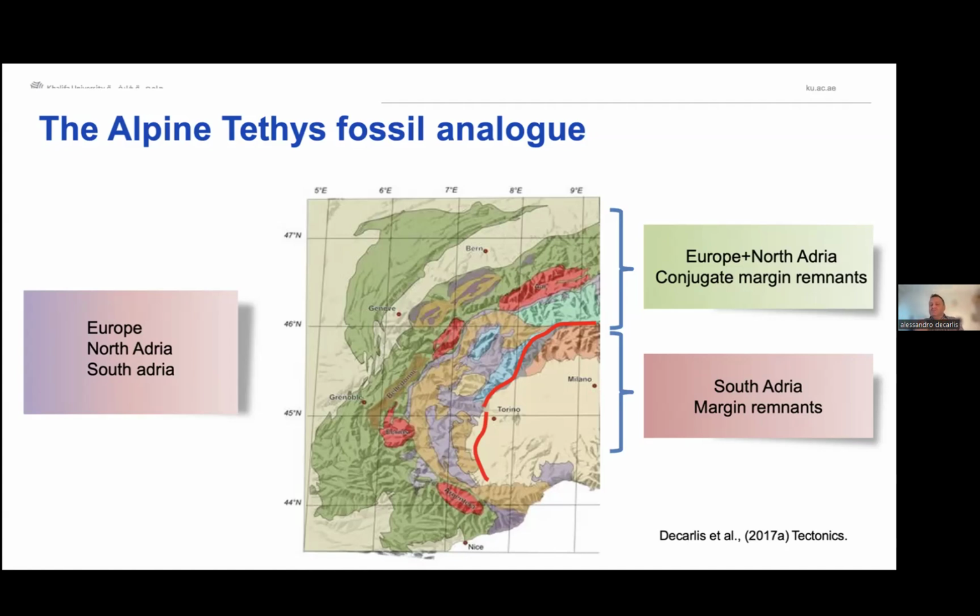And to the south, you have an additional margin, a little bit isolated, but part of the southern microcontinent called Adria. So the northern area and southern area were coupled along strike of the rifting. In reality, in the Alpine Tethys we have the opportunity to observe more than a couple of margins. There are three margins actually preserved.